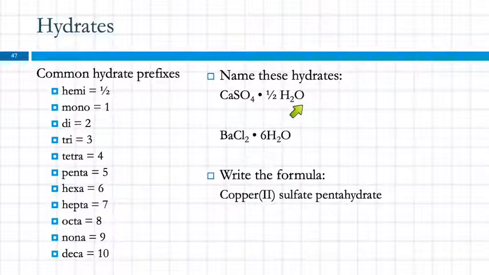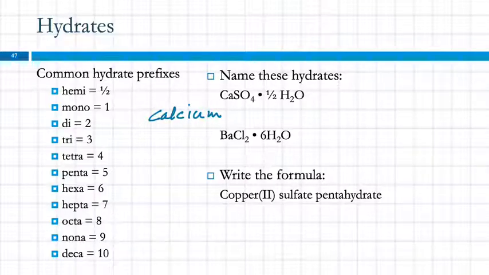Name these hydrates. Well, we name the first part as an ionic compound. What element has the symbol Ca? Calcium. Is calcium in group 1A, 2A, 3A, zinc or silver? Yes, it's in group 2A. What does that tell us? It does not need a Roman numeral because we know the charge.